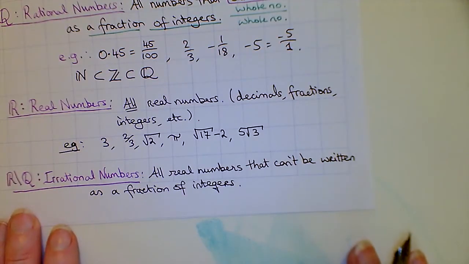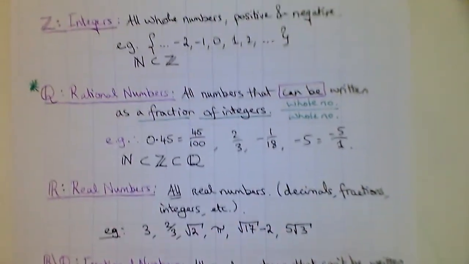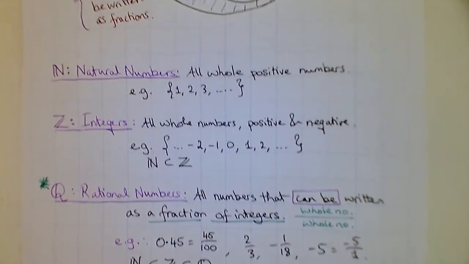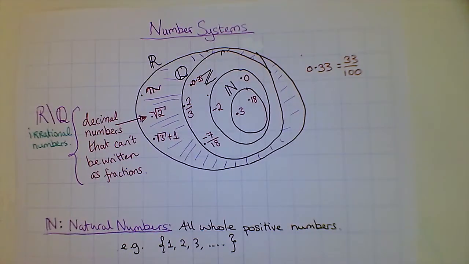Okay, and that's the definition that we need there for the irrational numbers. So you need to know all of those definitions, and this diagram is a handy way of remembering how they fit together as well.